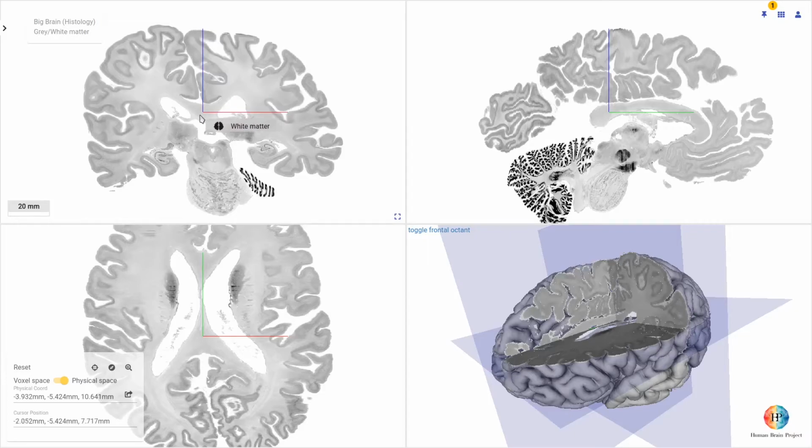So this broadest part of the corpus callosum over here, the opposite of the genu over here, is called the splenium. So the broadest part of the corpus callosum, telling you there must be something important going on here in this parietal cortex.